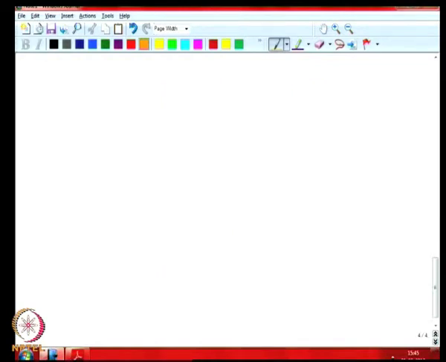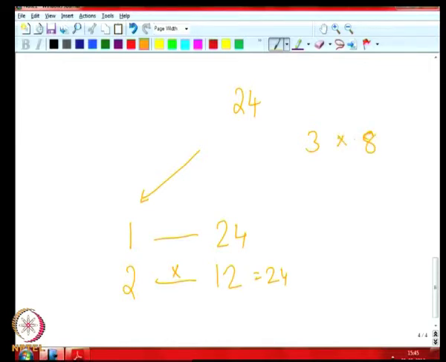For example, take the divisors of 24. If you take 1, 24 is also a divisor. 2 is a divisor, then 12 is also a divisor, 2 into 12 is equal to 24. Similarly 3 is a divisor, so 8 is also a divisor, because 3 into 8 is equal to 24. If 4 is a divisor, then 6 is also a divisor, because 6 into 4 is 24.